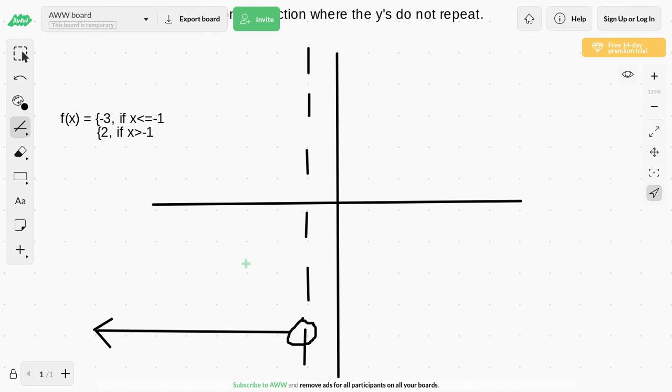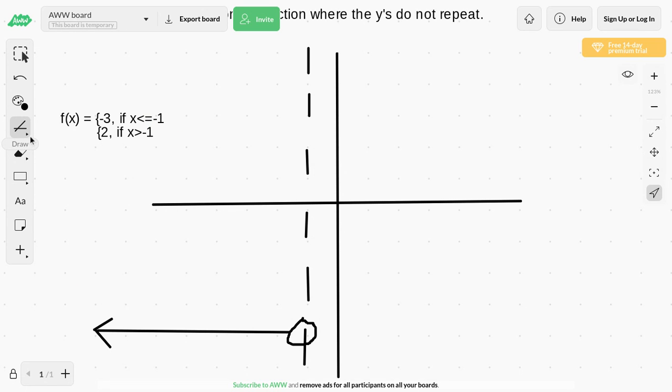So, let's recap. The inequalities both have to do with -1. So I draw my little line at -1. And then I have a point at -3 and a line going to the left of it because it's smaller than.